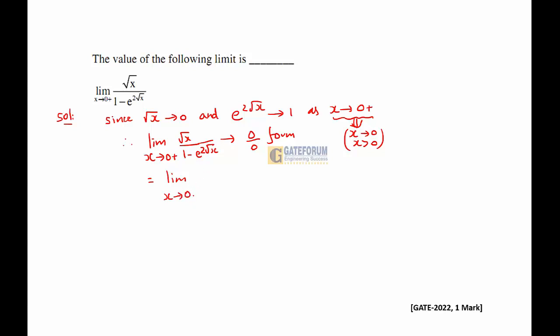So the derivative of root x with respect to x is 1 by 2 root x, divided by the derivative of 1, which is 0, minus the derivative of e power 2 root x, which is e power 2 root x into 2 times the derivative of root x, that is 2 times 1 by 2 root x. So this becomes 1 by root x, using L'Hospital's rule.